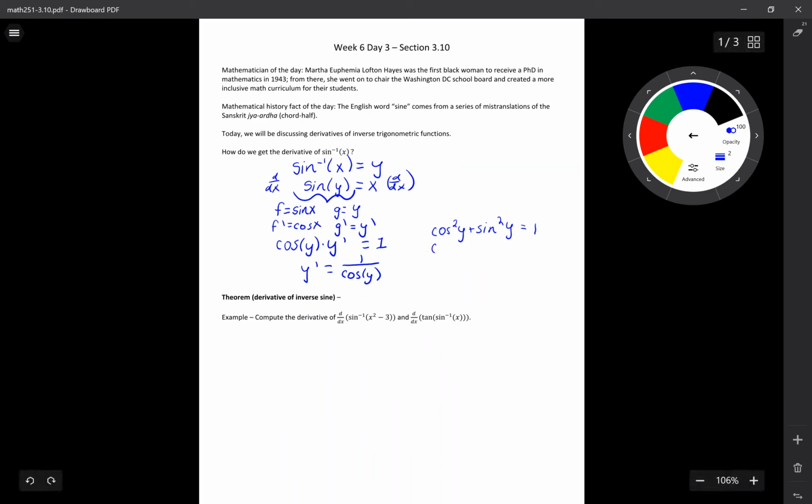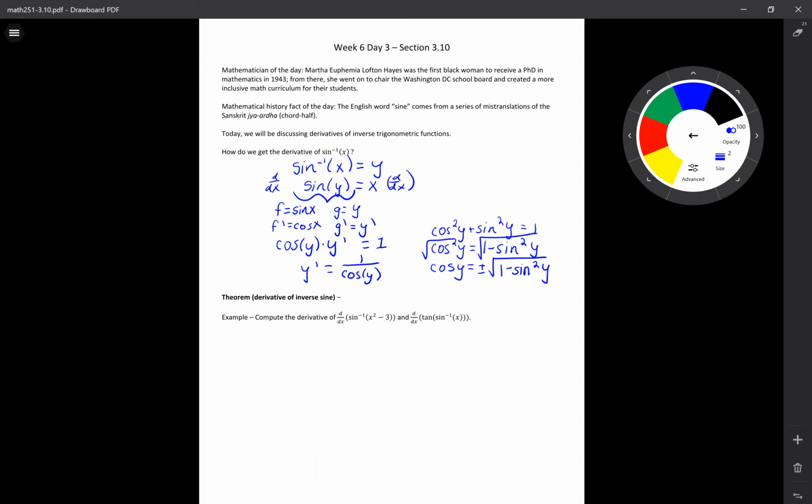Well, this means that cosine squared of y is equal to 1 minus sine squared of y. And this gives me that cosine of y, if I take the square root of both sides, is equal to plus or minus the square root of 1 minus sine squared y.